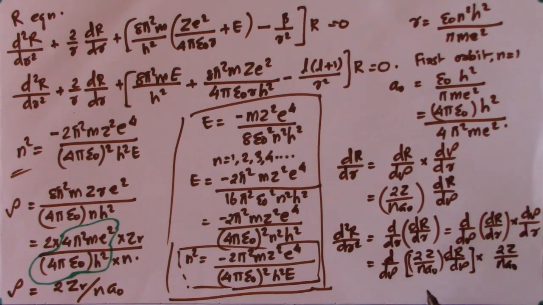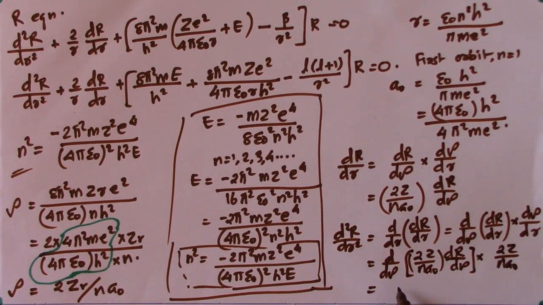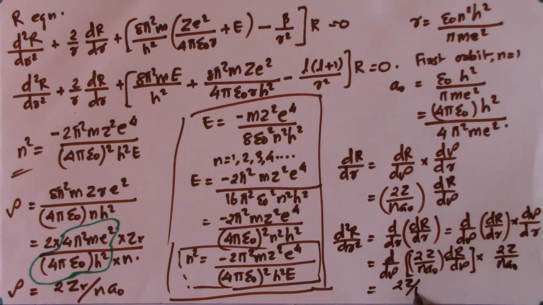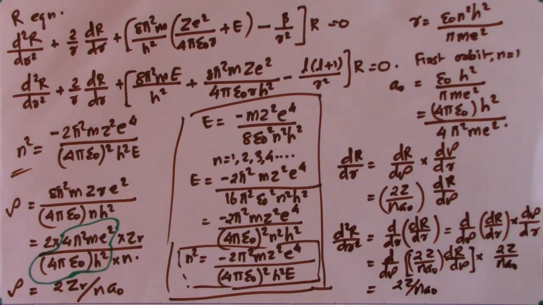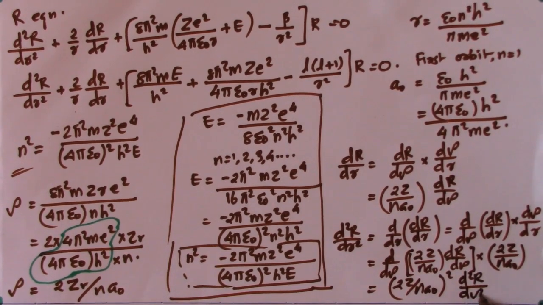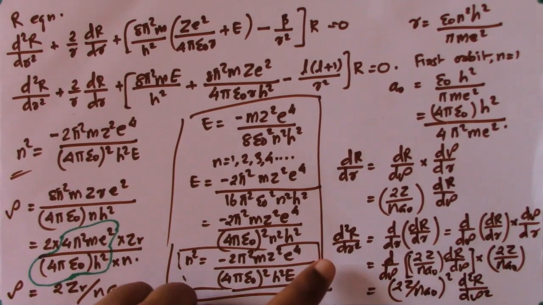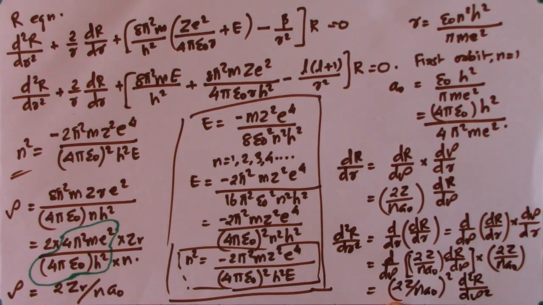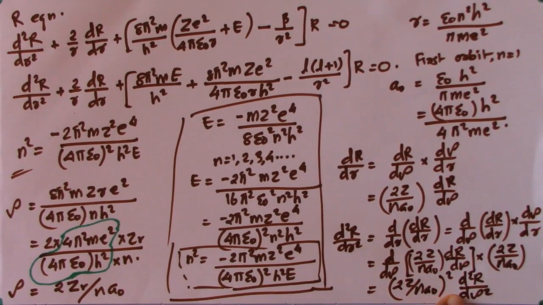So we can write that is equal to 2z by n a0 the whole square, this one and this one multiplied together, into d square R by d rho square. So d square R by dr square is equal to 2z by n a0 the whole square, d square R by d rho square.